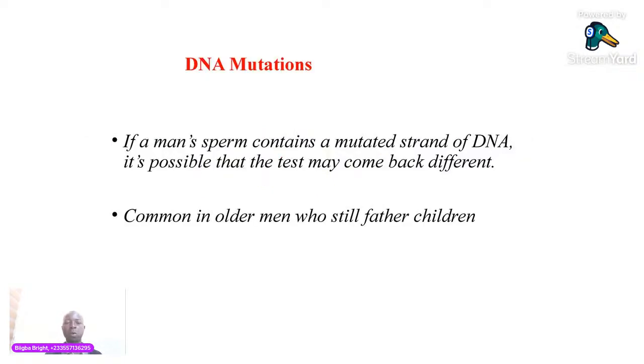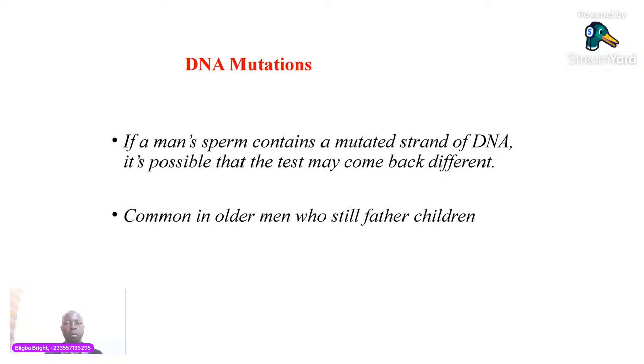And then we have something called DNA mutations. Mutations may change the genetic order or the arrangement of the DNA on the genome. All the DNA in our bodies has a pattern in which it is arranged. When we say mutation, it means change, so the way it was arranged has changed. And remember, the human sperm has DNA.